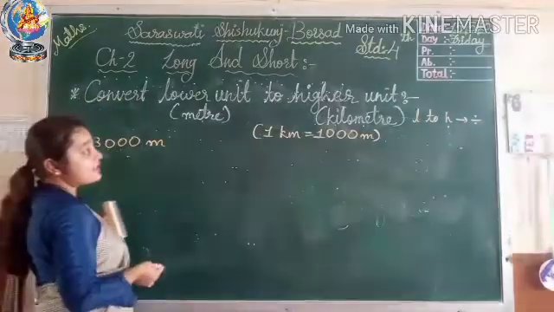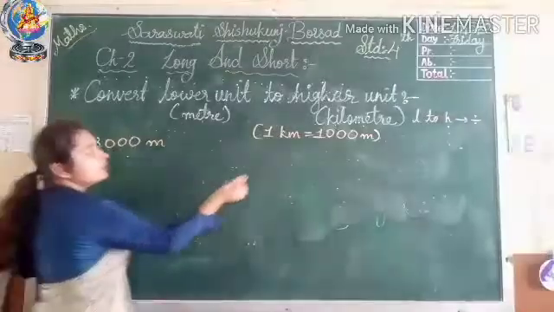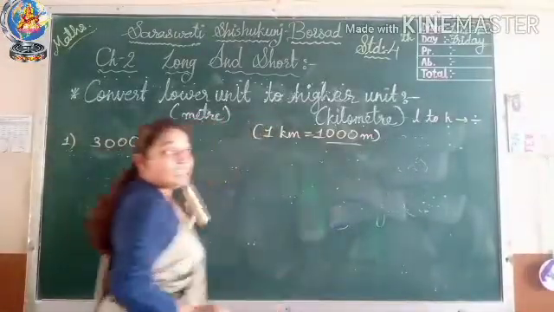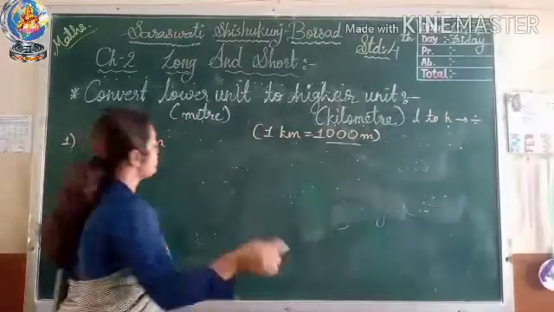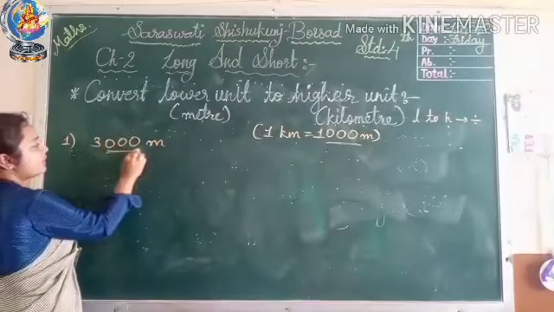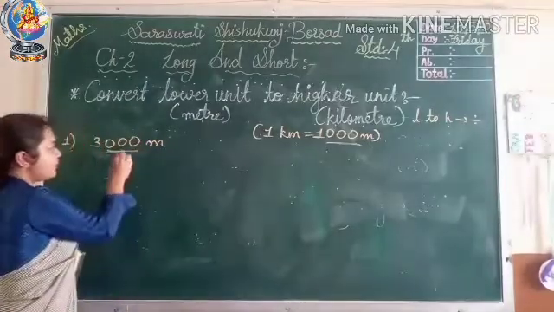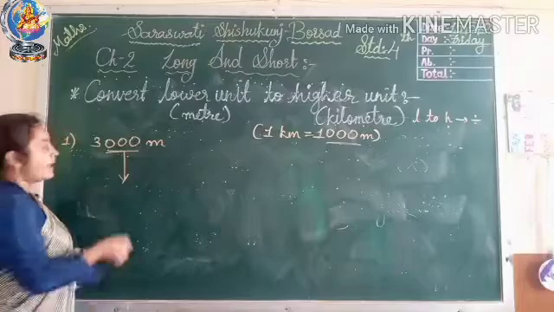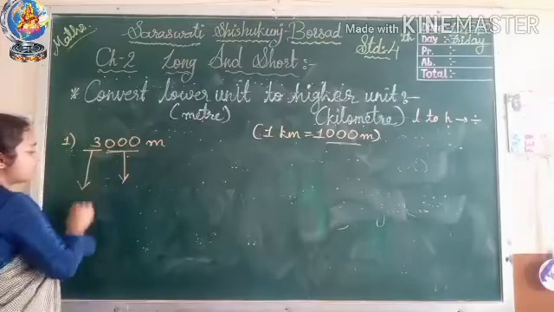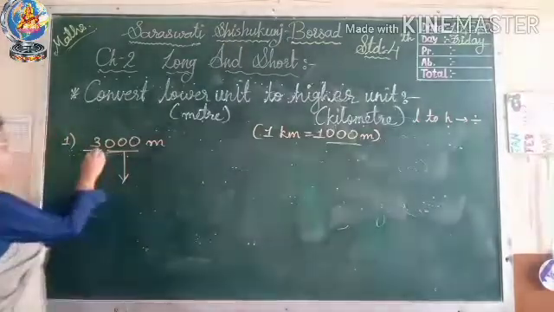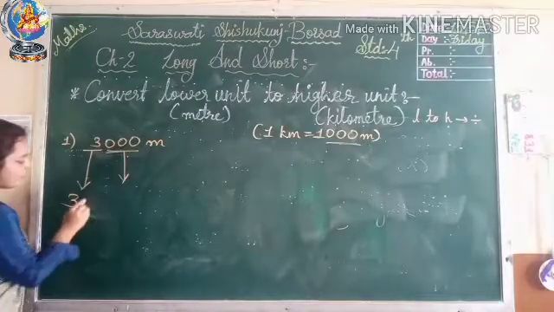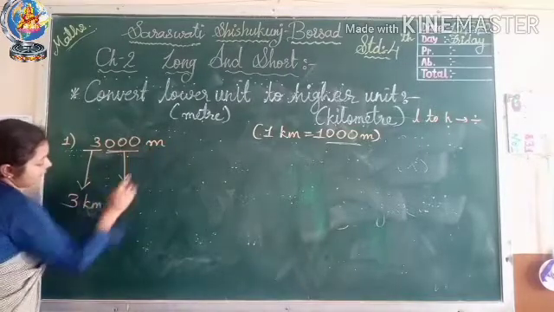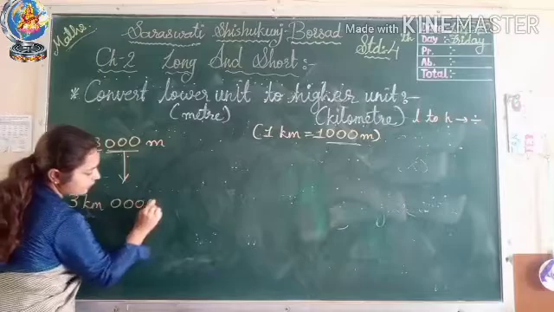Okay, this point we have already seen. The first method: you can see that there are 3 zeros in 1000. Same way here also you can see that there are 3 zeros. You have to separate them, and the remaining one you separate on the other side. 3 will be your kilometer, and this 0 will be your meter.